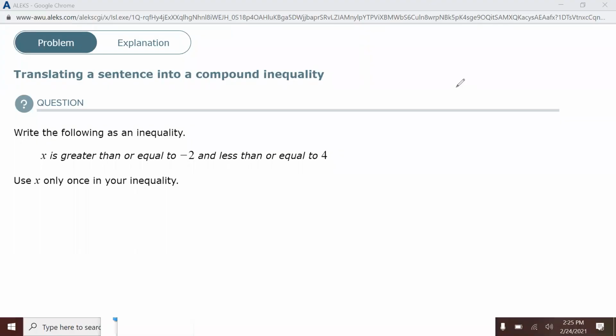On this one, we are back to translating from English to math. So we have x is greater than or equal to -2, and at the same time less than or equal to 4.